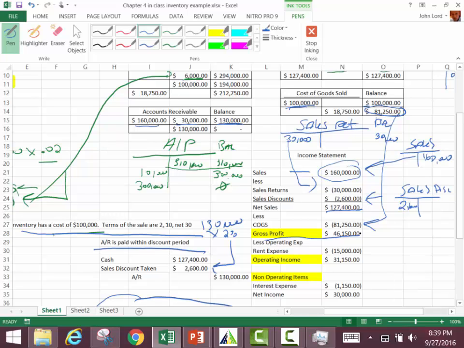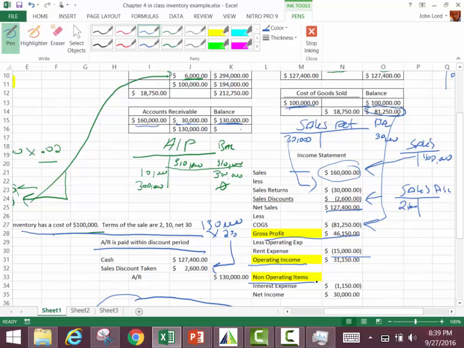Then we start taking out our operating expenses. Rent expense is considered an operating expense because we can't run our business on a day-to-day basis unless we pay our rent, right? For our building, whatever. Interest expense, we take that out. That's considered non-operating because we are not in the business of loaning money and borrowing money, etc. We are not a bank.